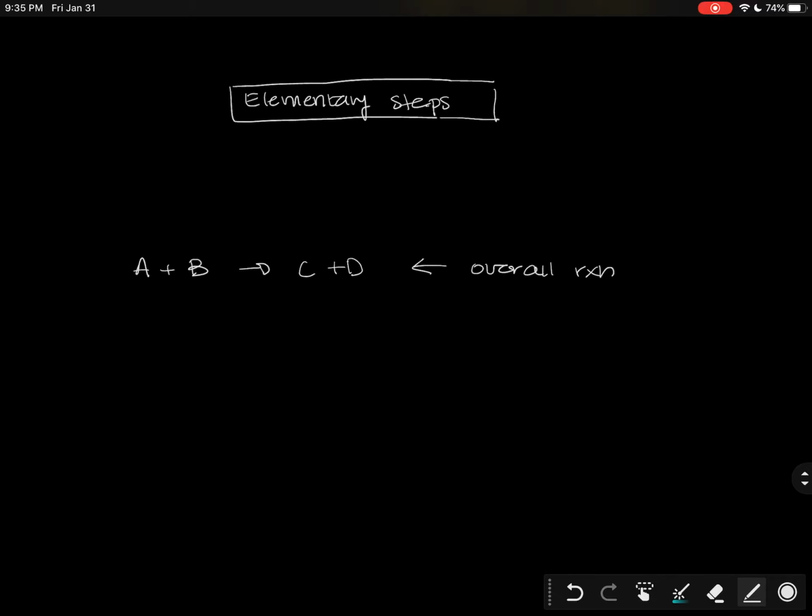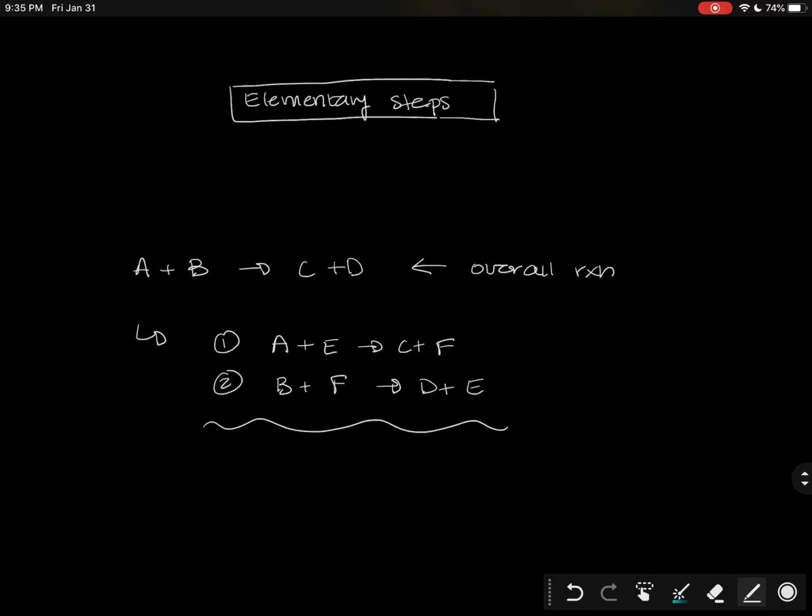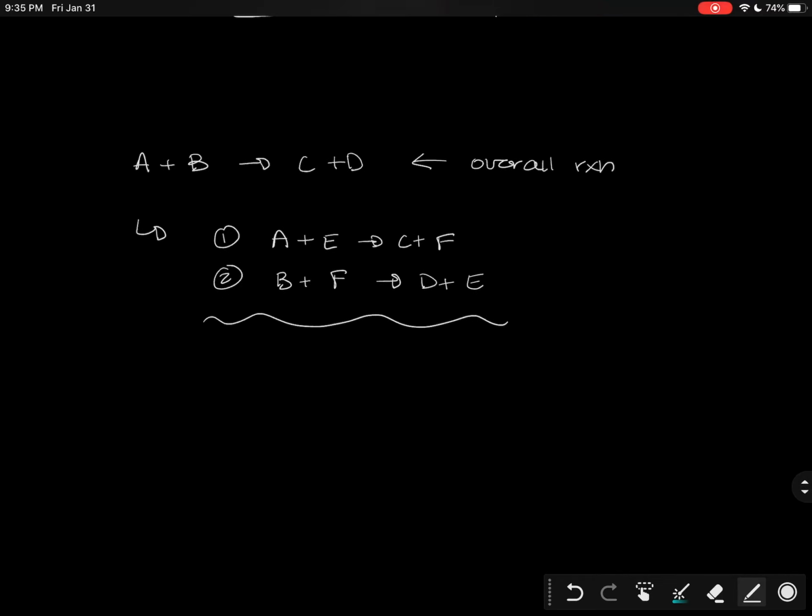But let's say that in order to actually make this happen, the individual steps would be, say, one could be A plus, I don't know, let's say E goes to C plus F, and this could be now B plus F goes to D plus E. And so we'll see that if we were to cancel this all out, the E's would cancel, right?